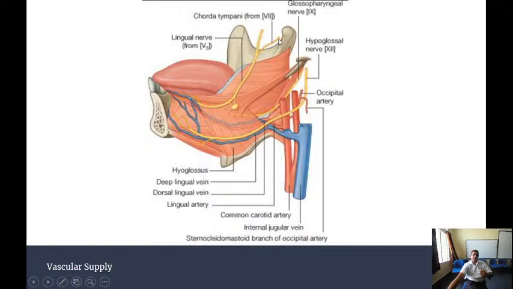This chorda tympani enters the middle ear cavity, and from the middle ear cavity it joins the facial nerve, and then goes through the internal acoustic canal into the salivatory nucleus.